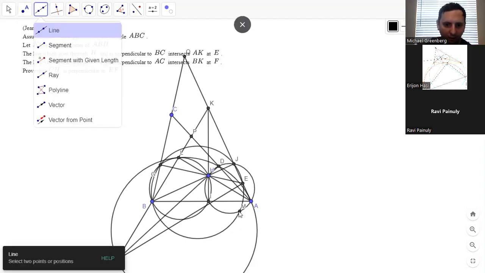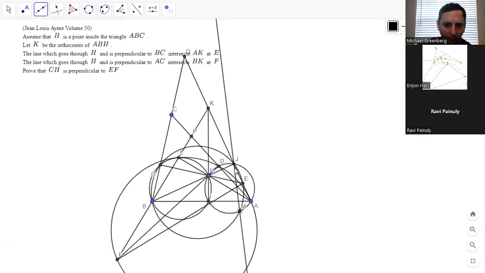That's a lot of lines. So BGIH and JM concur. And yeah, it's getting kind of messy, but I think we also need to draw this point right here.